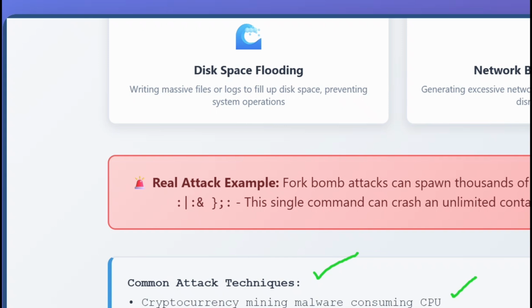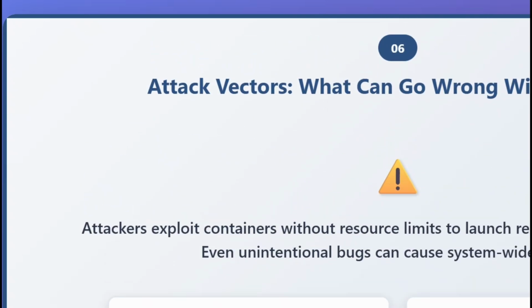The fourth one was DoS, that is denial of service attacks, through resource starvation. Resource starvation means consuming all the resources, not leaving a single CPU or 1 MB of RAM for the others. That is the exact meaning of starvation. And the final point was container escape attempts via resource pressure. By adhering to the above attack vector pointers, we can prevent those from happening.